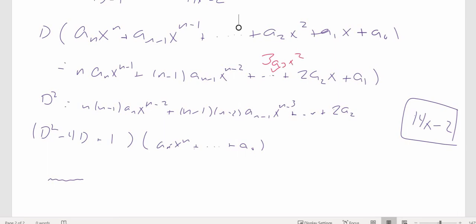And then down here, that would have given us 6a3x plus that. Okay, so we're going to have a whole bunch of stuff, plus the 6a3x plus 2a2.